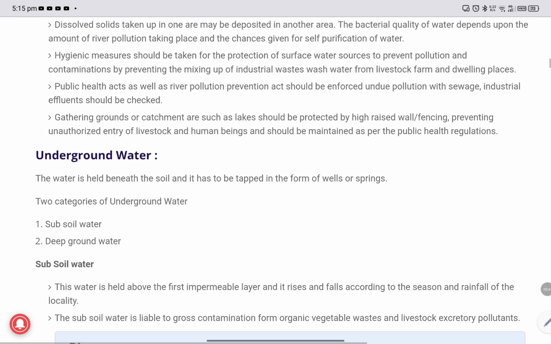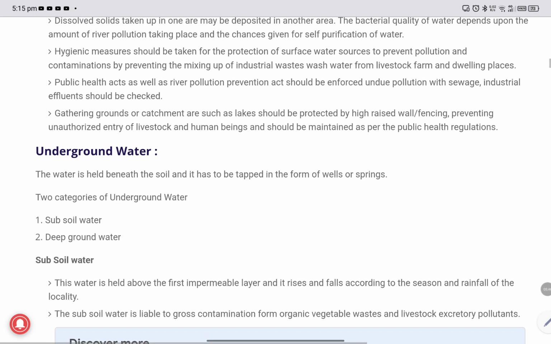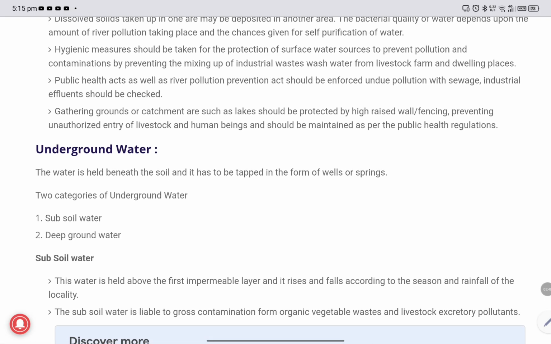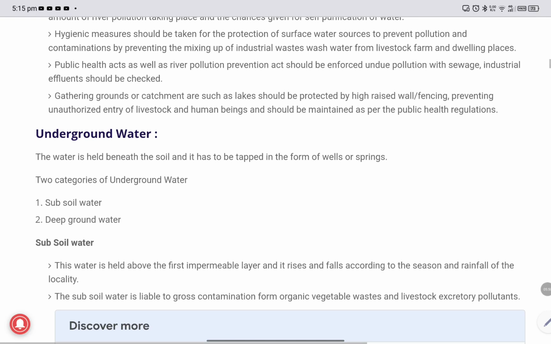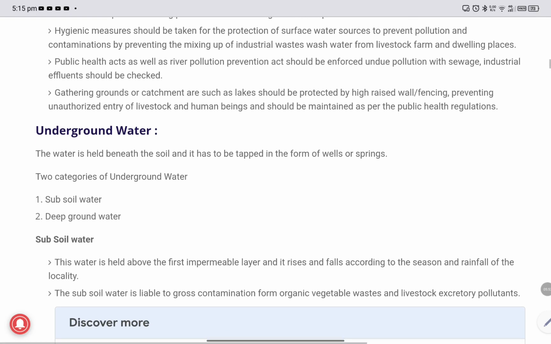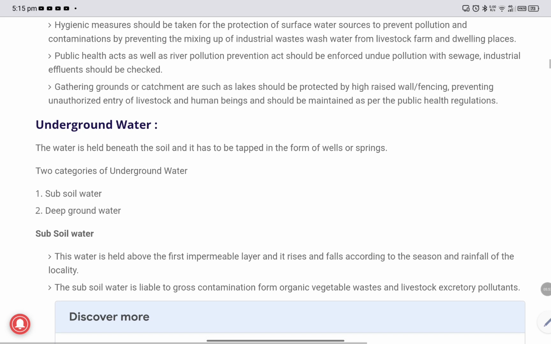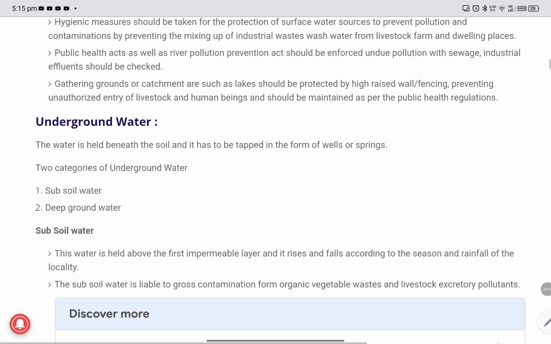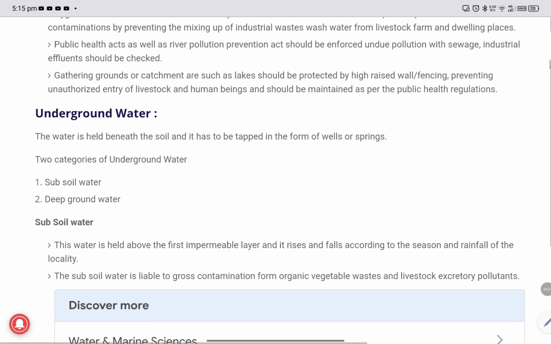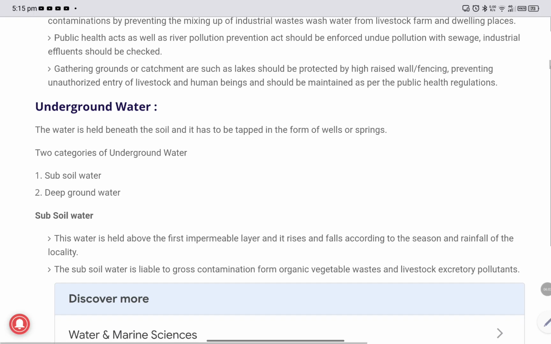Undue pollution with sewage and industrial effluent should be checked. Gathering grounds or catchments such as lakes should be protected by a high-raised wall or fencing, preventing unauthorized entry of livestock and human beings, and should be maintained as per the public health regulations.